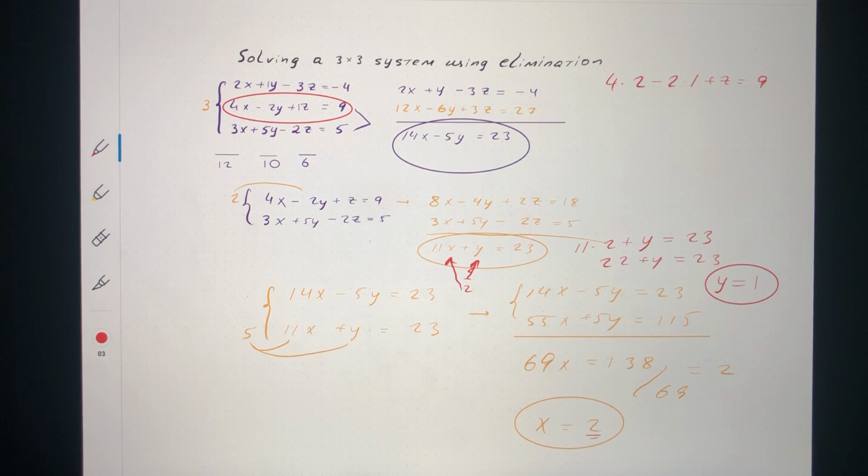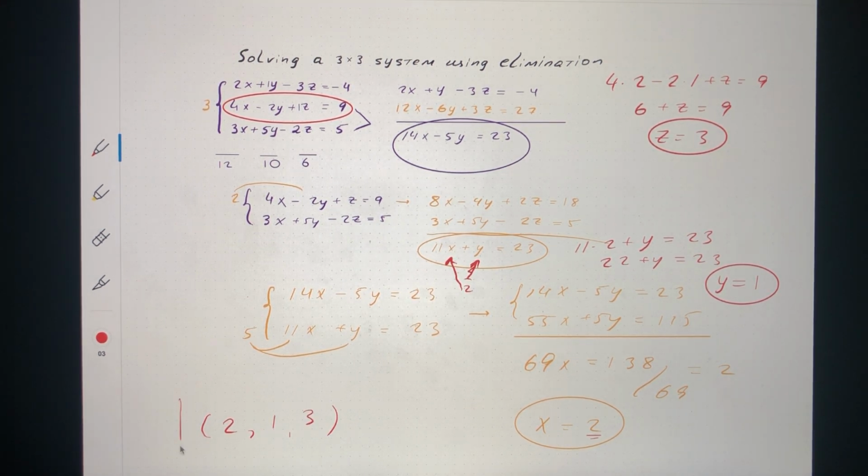So 4 times 2, that's 8. 8 minus 2 is 6, plus z is 9. Minusing 6 from both sides, we get 3. And so we have the x, the y, and the z. And we write our final answer as (2, 1, 3).